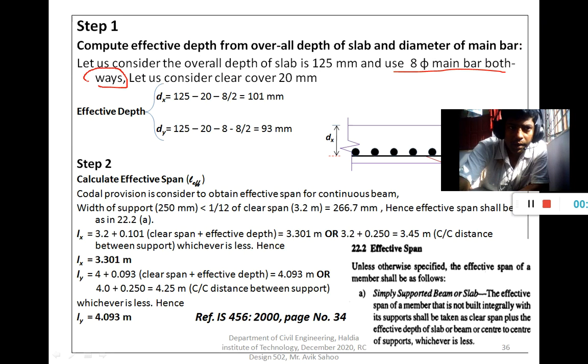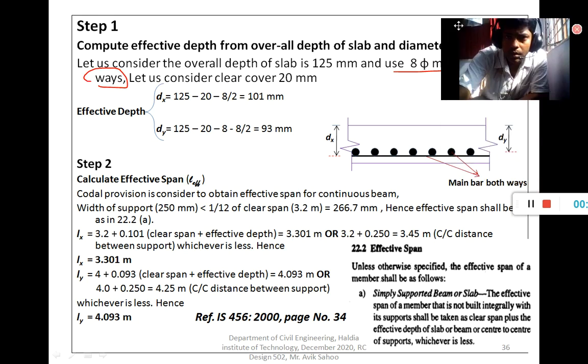The main bar diameter is 8, and the reinforcement we apply in both directions, the longer direction and shorter direction, is placed at right angles, one above another.